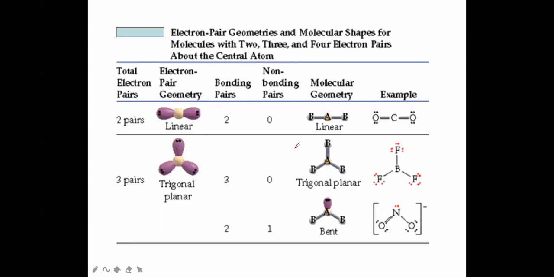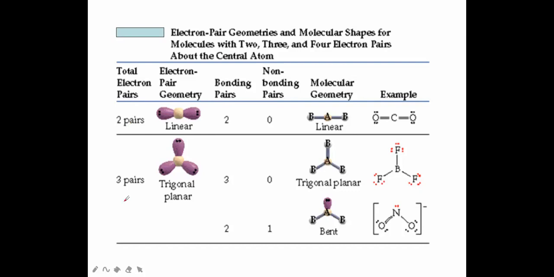In this case, if the total number of electron pairs is 2, we're going to have a linear structure. For example, in carbon dioxide, the bonding gives us a linear structure because there are 2 pairs of electrons shared on each side.